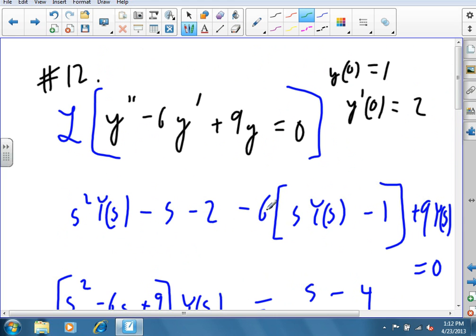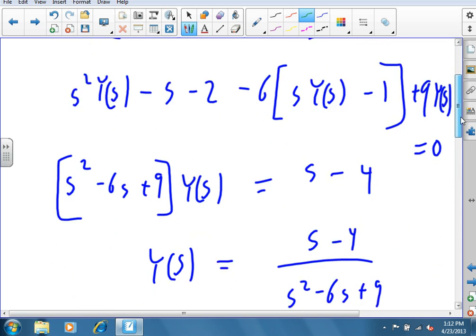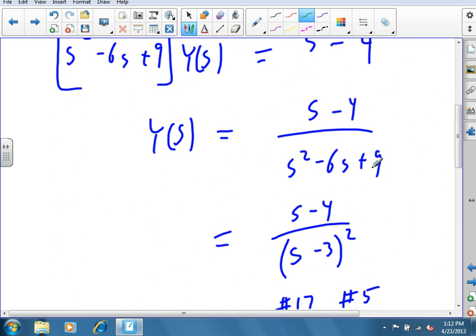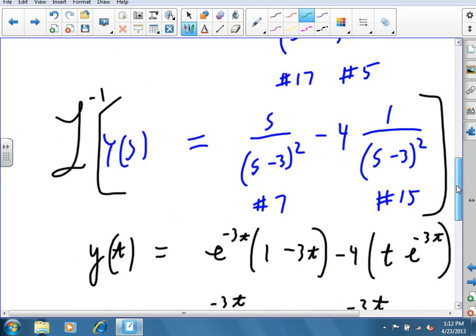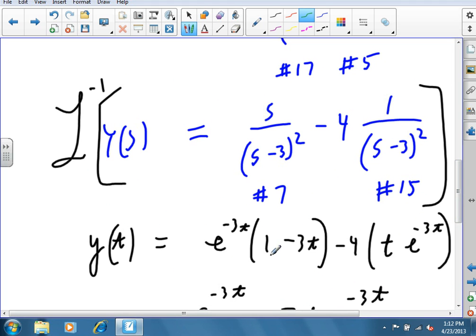There's a minus s, a minus 4, an s squared minus... minus 9. That is s minus 3 squared, right? S minus 4, minus 4, t e to the minus 3t, minus 1 minus 3t, minus 4 times t e to the minus 3t.